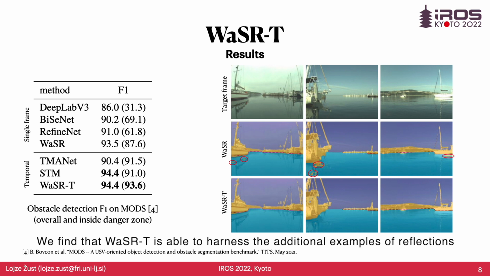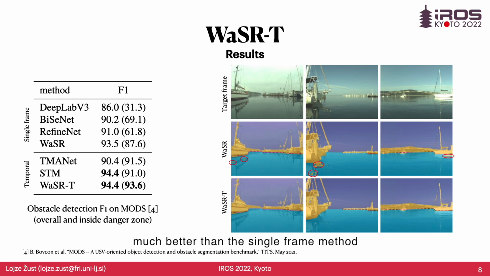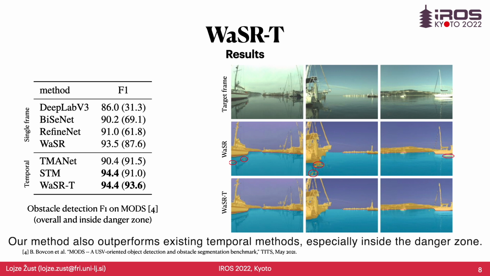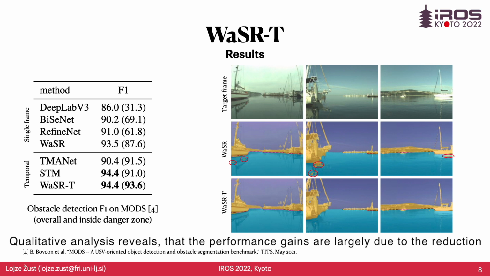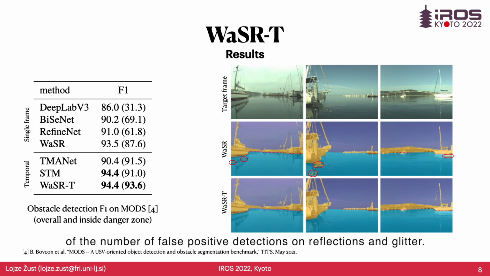We find that WaSR-T is able to harness the additional examples of reflections much better than the single-frame methods, and achieves state-of-the-art performance. Our method also outperforms existing temporal methods, especially inside the danger zone. Qualitative analysis reveals that the performance gains are largely due to the reduction of the number of false positive detections on reflections and glitter.